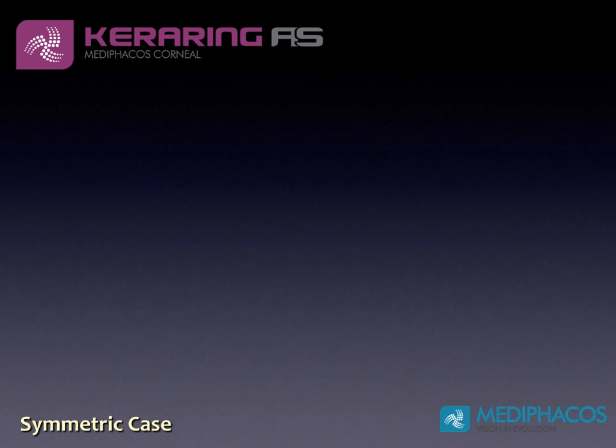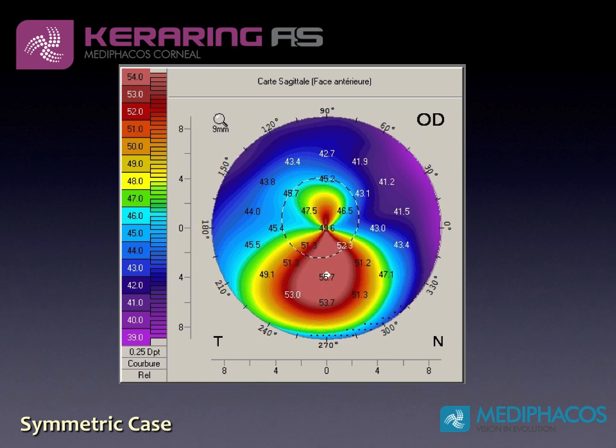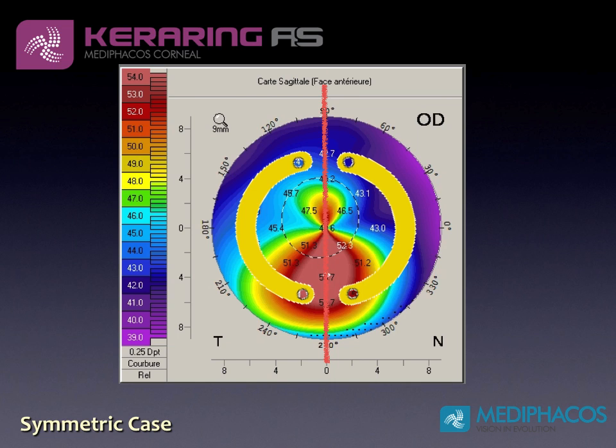Yet another example. Here we can see an asymmetric bow-type cone with a steep meridian at 90 degrees and a rather symmetric distribution of the ectatic area. As we saw earlier, the classic conduct in cases like this is the implantation of two segments of the same thickness and arc length. However, a closer look at this curvature map reveals that the cornea is much steeper inferiorly than superiorly.